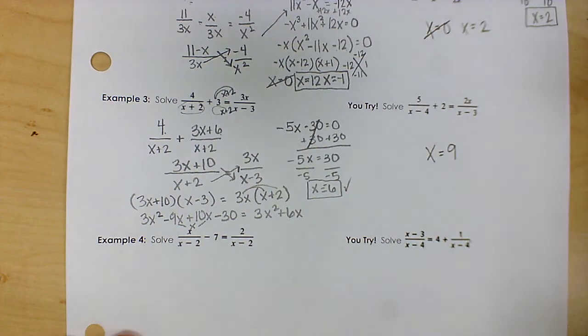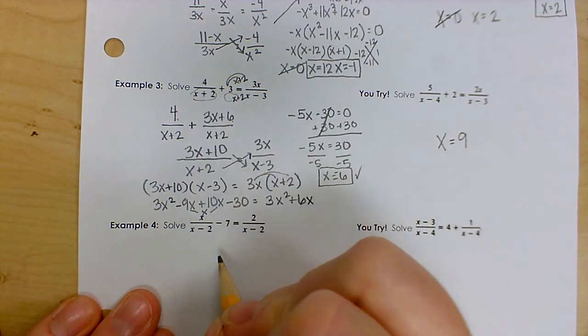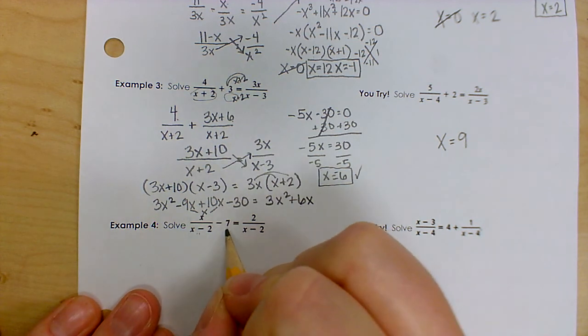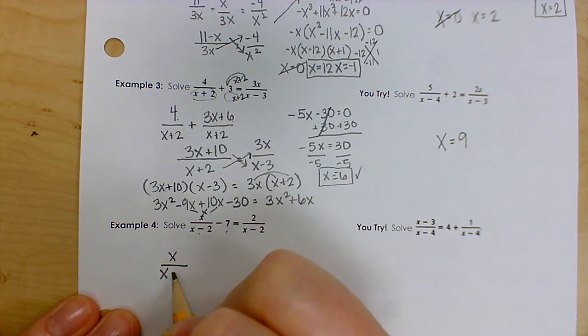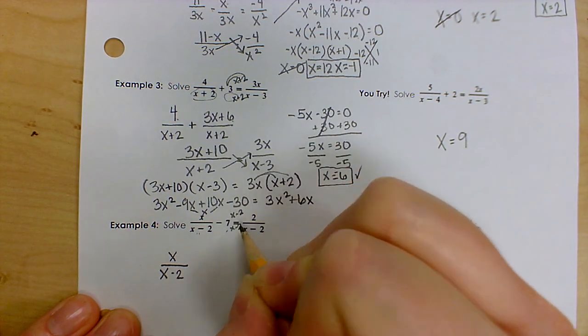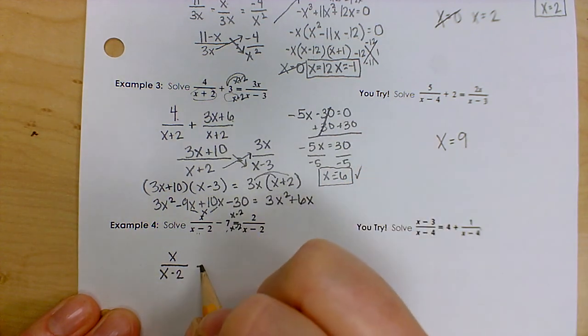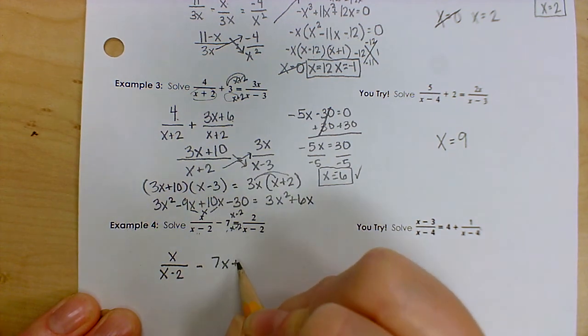Example 4 is very similar to example 3 in the fact that you got to get this denominator over here also. So we have x over x minus 2. Remember, we got to get this x minus 2 over x minus 2. So minus 7x plus 14.